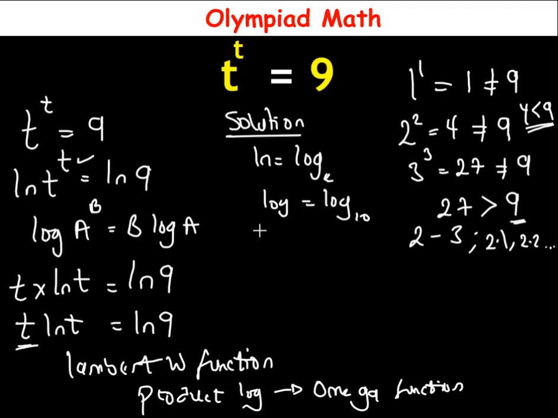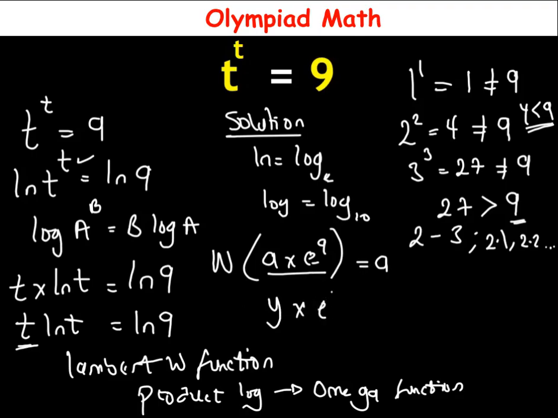Let's say you have a times e to the power of a. If you apply the Lambert W function to this equation, what you will get is a. Also, let's say you have y times e to the power of y, and you want to solve this equation. If you apply the Lambert W function to this, what you will get is y.